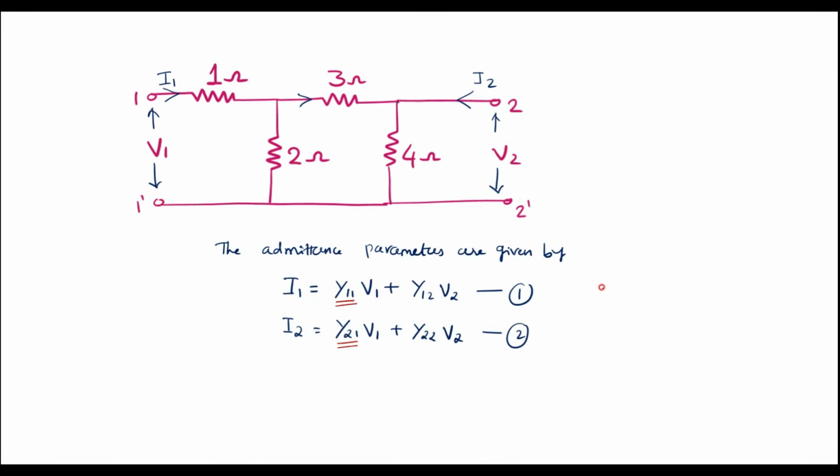So here I can say that when V2 is 0, Y11 is equal to I1 by V1, and when V2 is 0, Y21 is equal to I2 by V1. So let's calculate Y11, which is I1 by V1.